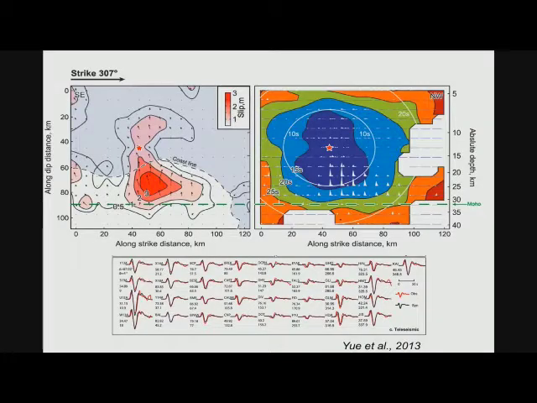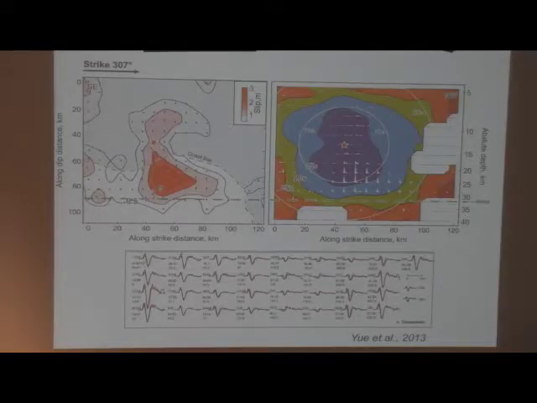In this case, you then look at how well this model of the rupture matches the actual observations. These are teleseismic P waves, but in this particular inversion, we also included strong motion, which is very close-in measurements of actually acceleration.